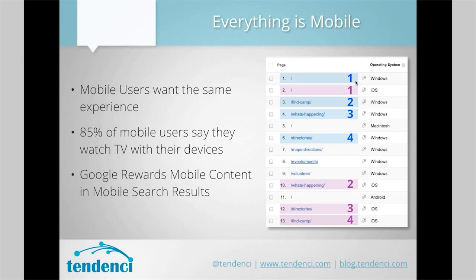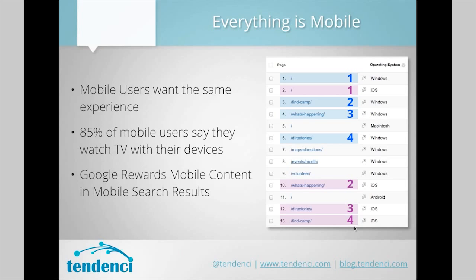And you can see if I look at the top four pages of desktop users, homepage, find camp, what's happening, directories, and the top four pages of mobile users, it's the same. Homepage, what's happening, directories, find camp. So what we're seeing in the data is that no matter what device you're on, you're sort of expecting the same experience. You're not expecting the super simple website. You're expecting to be able to get to all of the content.